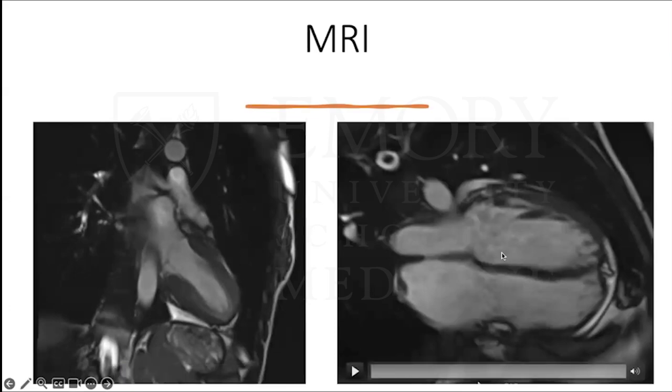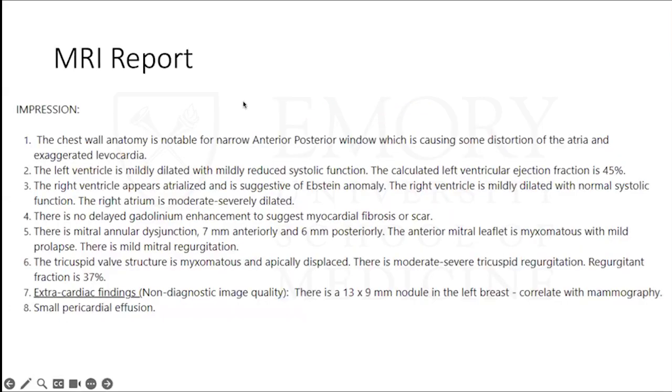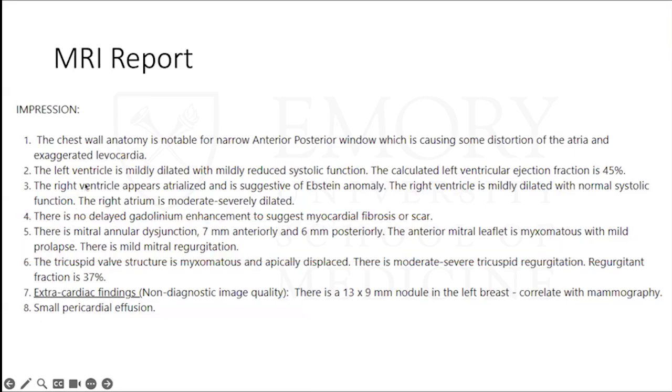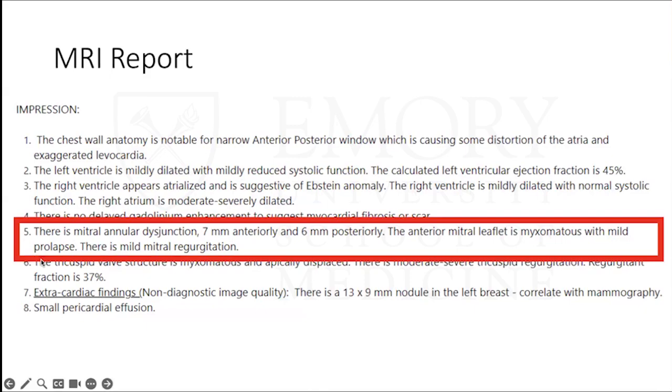So this was notable for two things, but I'll just read here. The right ventricle appears atrialized and suggestive of Epstein's anomaly. The RV is mildly dilated with normal systolic function, and the RA is moderate to severely dilated. And then here is the key that brought me into this case, and this is what I'm talking about today. Mitral annular disjunction, 7 millimeters anteriorly and 6 millimeters posteriorly.